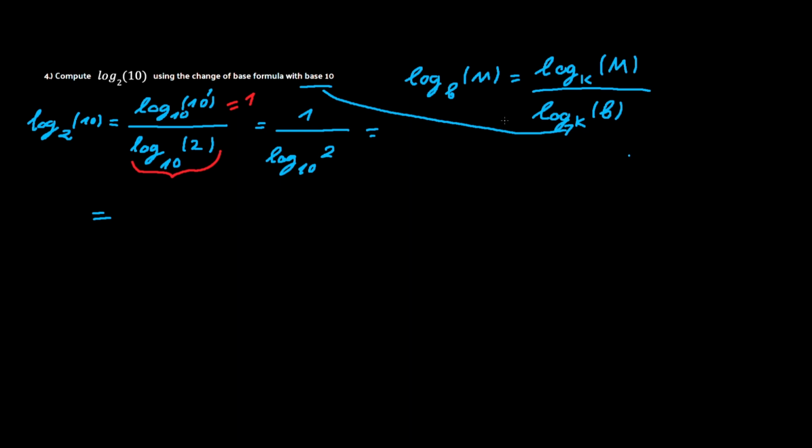So this is equal to about 1 over 0.301, and this is roughly equal to 3.32. So this is how you use the change of base formula.